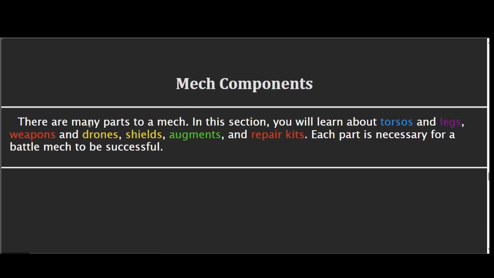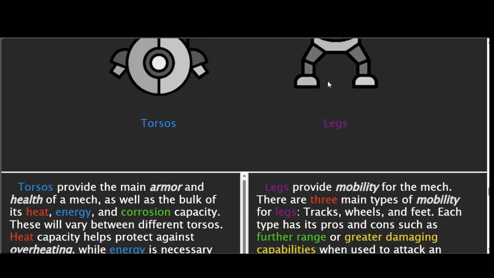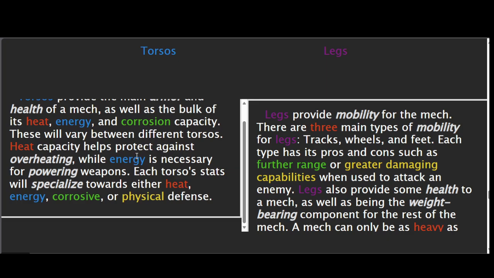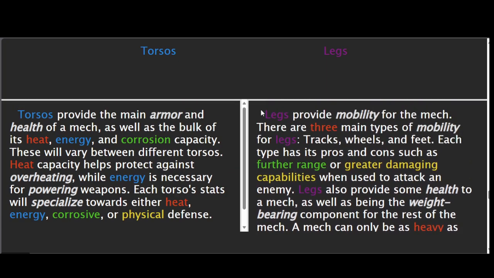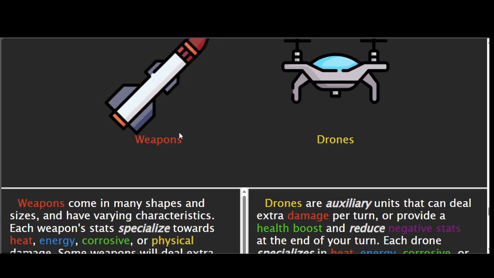And then it goes down to talk about mech components, so the different parts of a mech. So we've got torsos and legs, weapons and drones, shields, augments, and repair kits. And yep, so that's all the different parts. We got torso and legs here with a fun little animation, and a decent amount of information on both. And then we got weapons and drones.